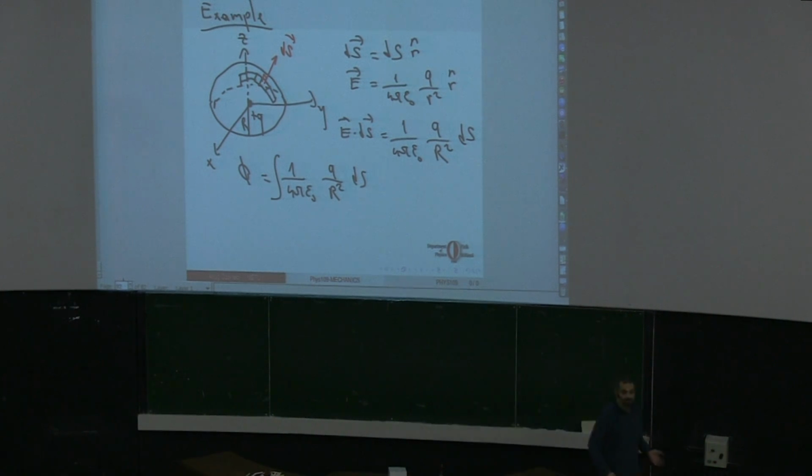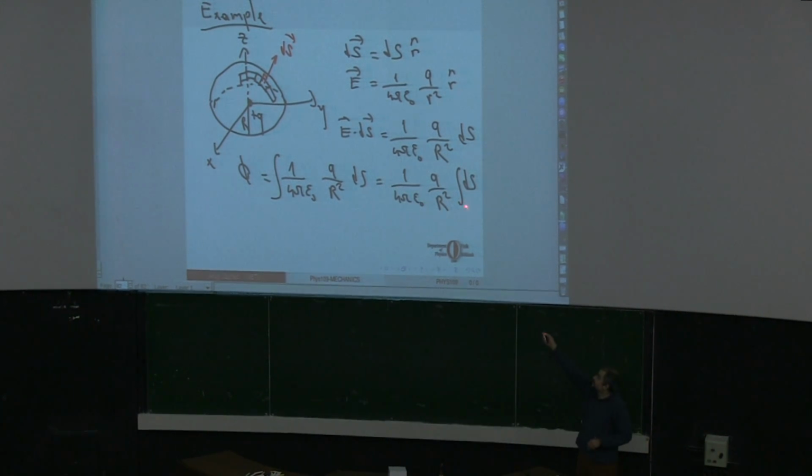But integrated over my surface just means that, since I have divided my surface into very small areas, I'm just summing over the contribution of each one of those areas. But since I'm integrating over the surface, r is just a constant. Q is a constant, 4 pi epsilon 0, they are anyway constants. So this is nothing but 1 over 4 pi epsilon 0 q over r squared times the integral of ds.